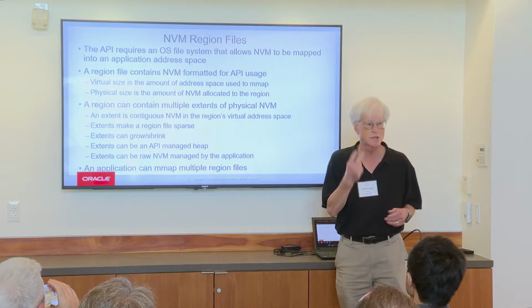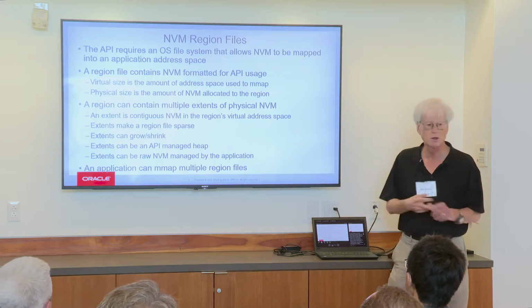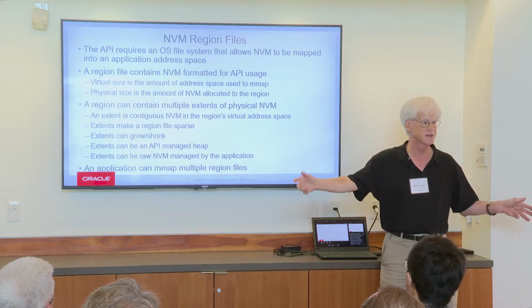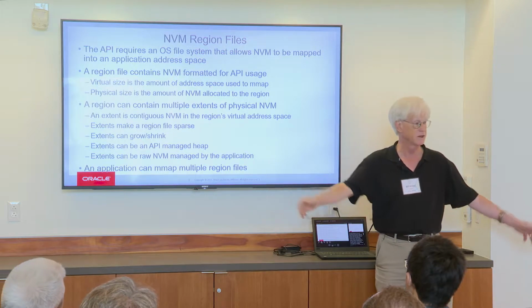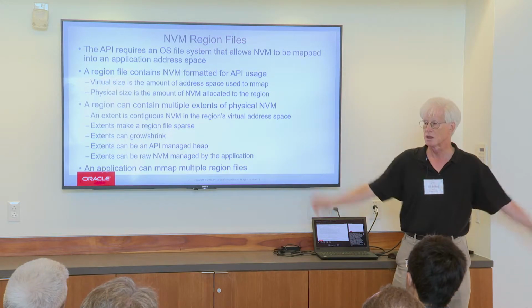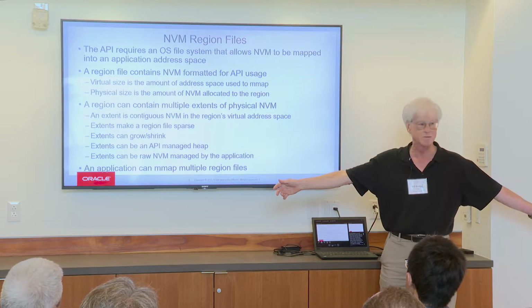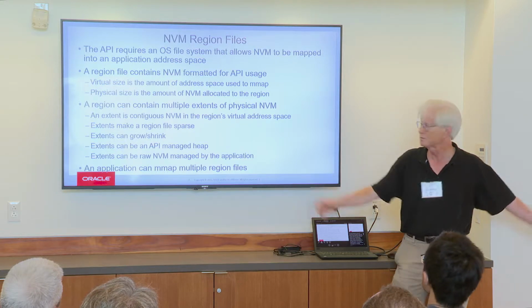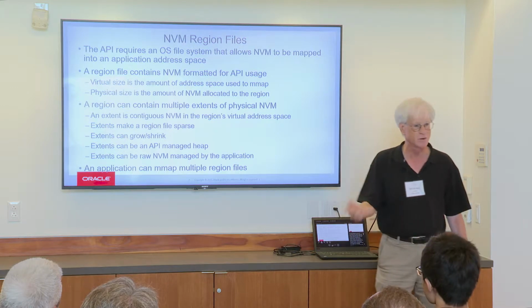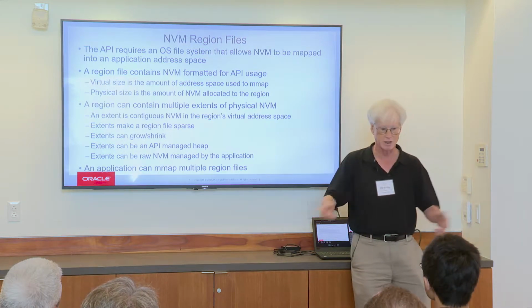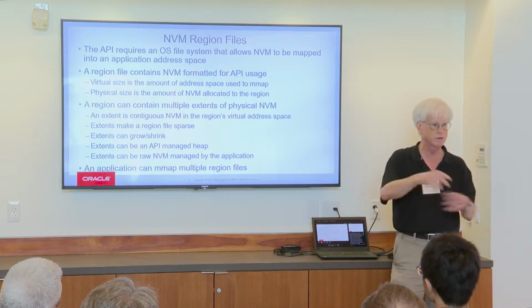The region file has two sizes. One is a physical size, which is how much NVM is actually stored in the thing, available in the thing. The other is a virtual address space. You generally want the virtual address space to be bigger so that you can grow things as you want. One of the things people often say is, I need to have multiple files of NVM, and I need to have pointers between them.